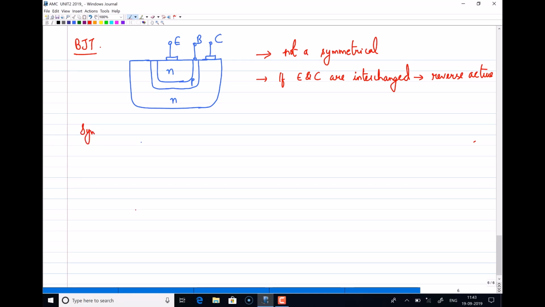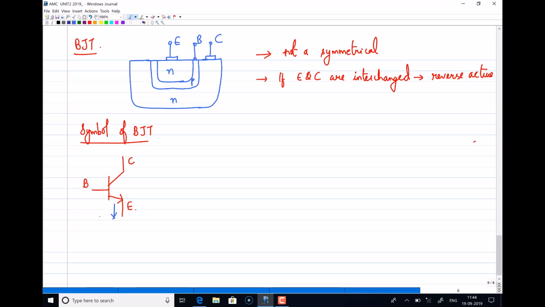Now let us see the symbol of BJT. An NPN transistor is denoted by this symbol, where this arrow mark represents the emitter, this is the base terminal, and this is the collector terminal.